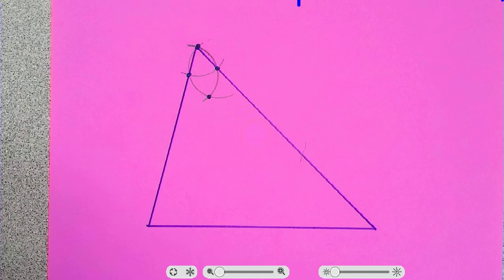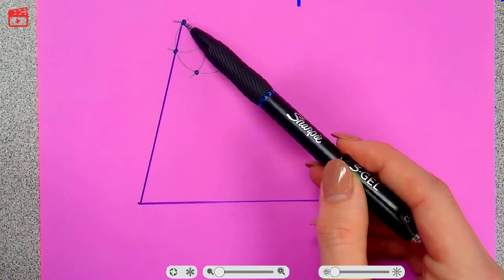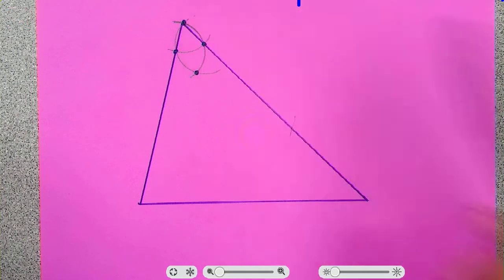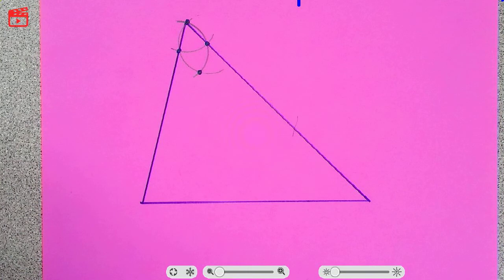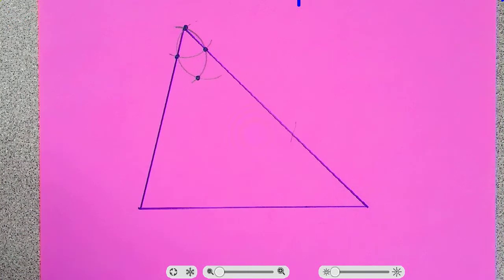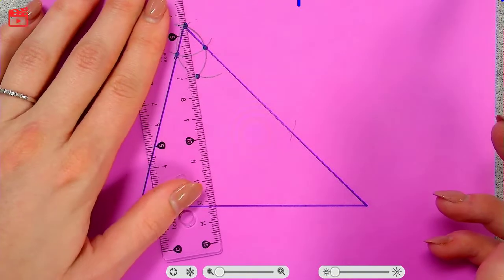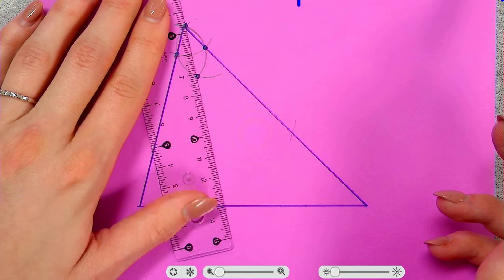Mine is kind of a bad example because mine intersected at the vertex. Yours should not have intersected at the vertex. So you're going to connect your 2 points and your vertex all together. And you just created your angle bisector.